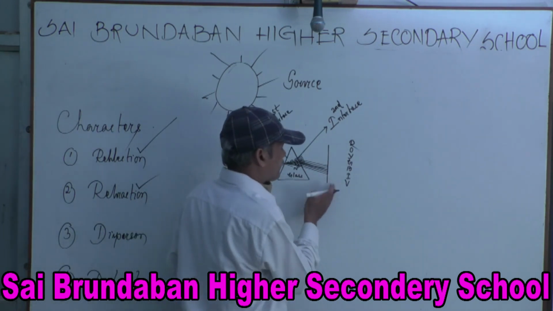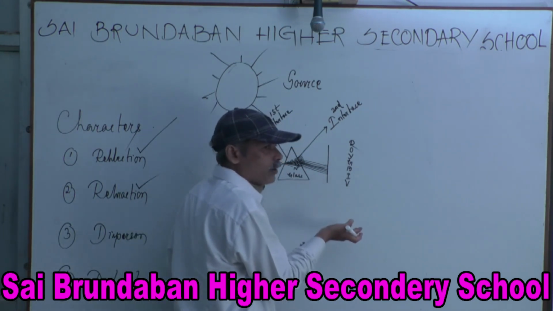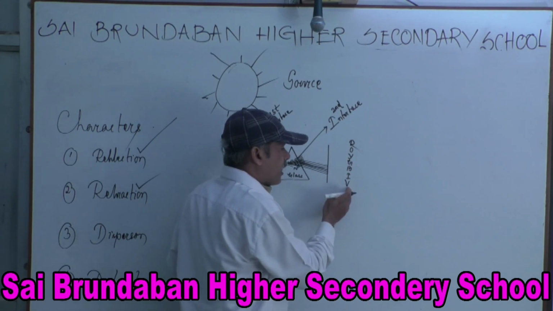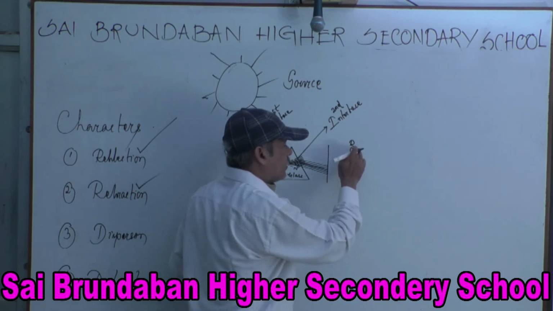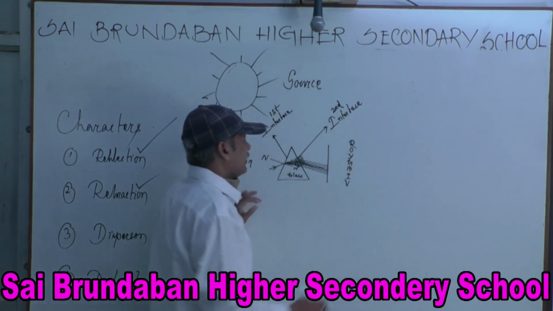These colors, starting from the bottom to the top: violet, indigo, blue, green, yellow, orange, red.